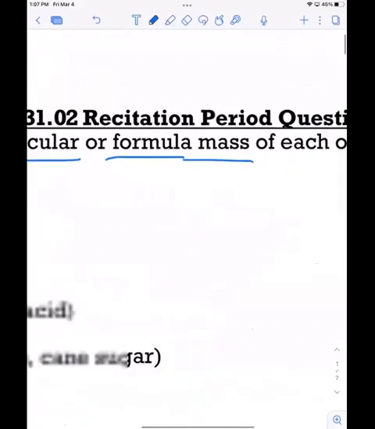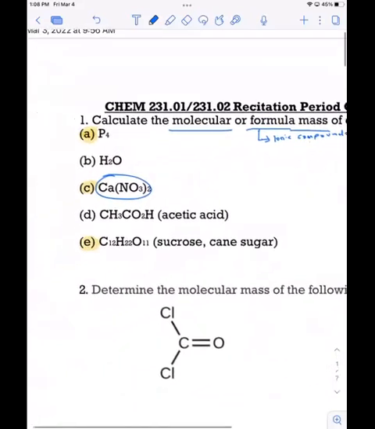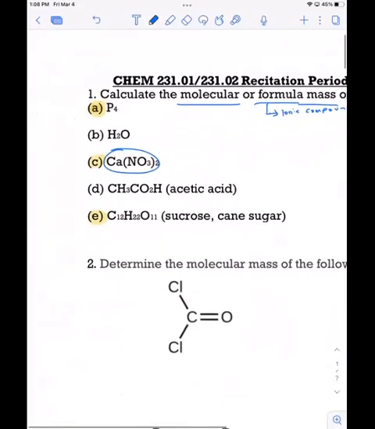So that's all that means. But it doesn't change the operation that's necessary. We still take all the atoms, add them up, multiply the subscripts if we have to, and get the molar mass.